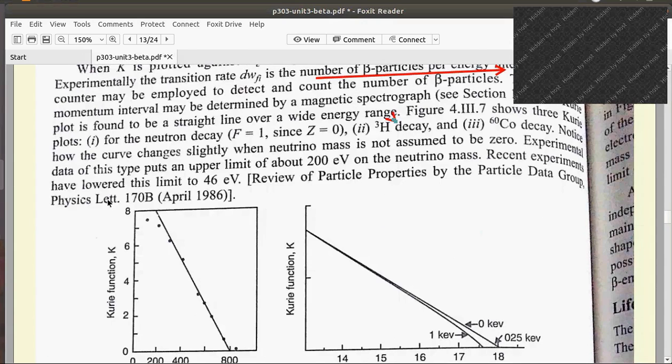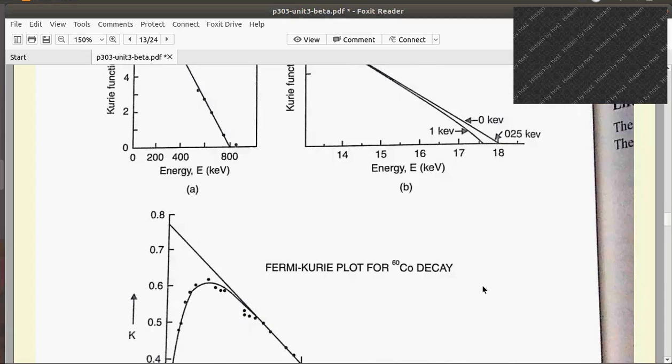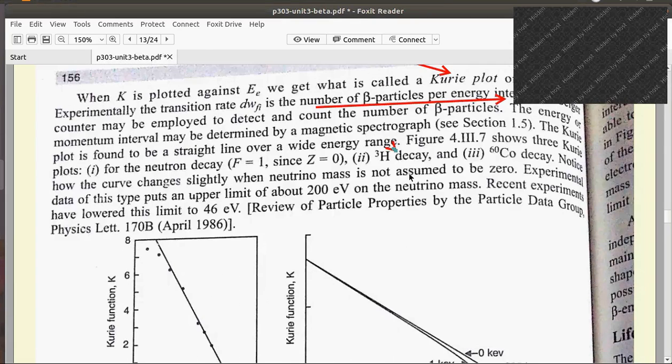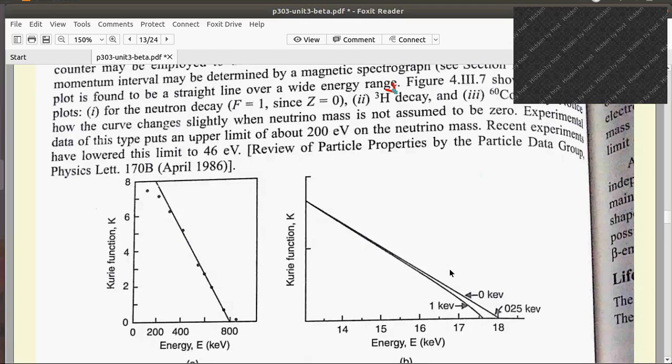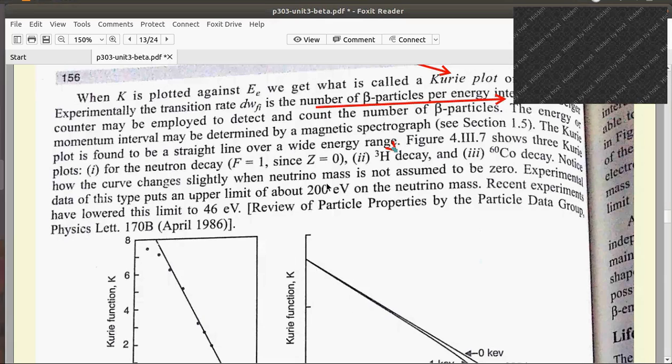If you notice these curves, when you consider that the mass of the neutrino is non-zero, the curve will change only slightly. Based on this we are able to determine the mass of the neutrino.